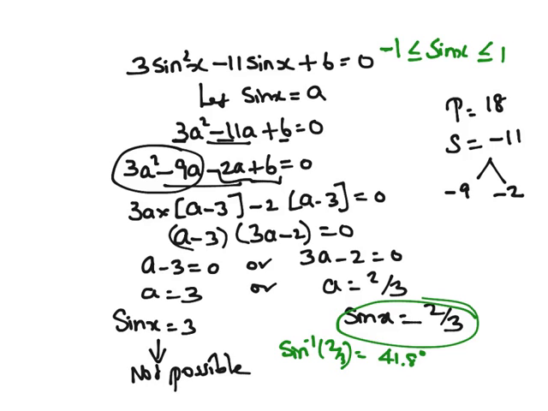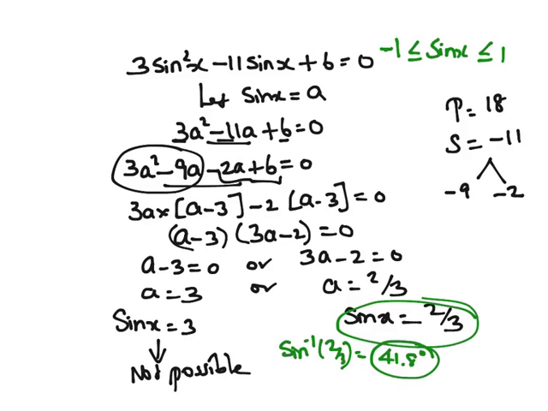Now please make sure that if you want the answers in degrees, you go to run mode, and the input is in degrees. Now we all know that sin x equal to 2 by 3, so 2 by 3 is positive, which means x can be an angle in the first quadrant or the second quadrant. So this is the first quadrant angle.